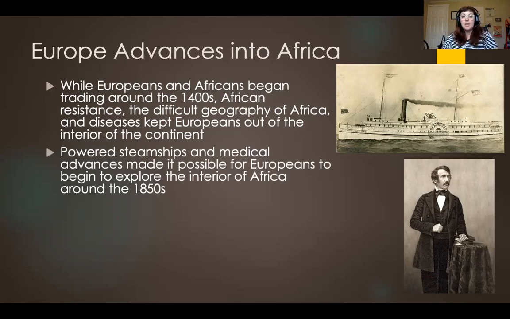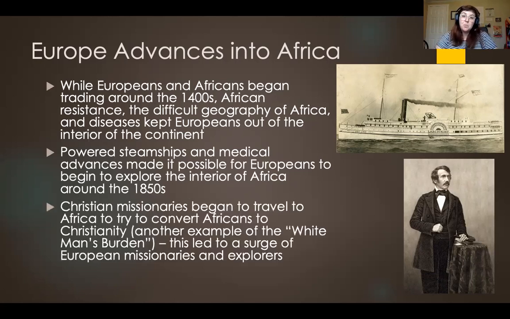But two things really made a difference in that, and that was powered steamships that could now sail up the African rivers without depending on wind. They could use coal and steam, as well as medical advances and understanding of how to prevent and treat things like malaria. And those made it possible for Europeans to begin to explore the interior of Africa around the 1850s.